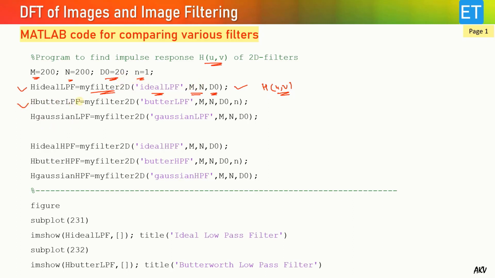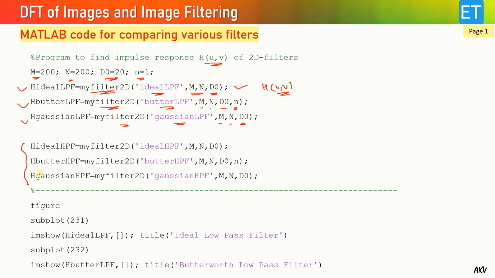Similarly, with this line, your Butterworth LPF will be created with a defined size M by N, defined distance, and then the order of the filter. And for the Gaussian filter, again for the same function, you define the type of filter, then the size, and then the distance for that H(u,v).